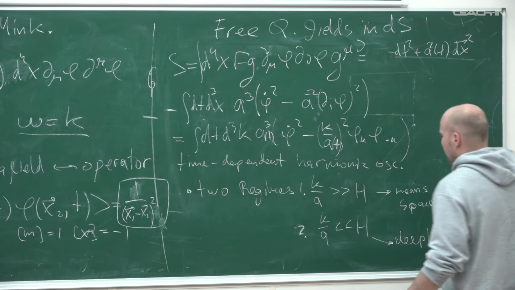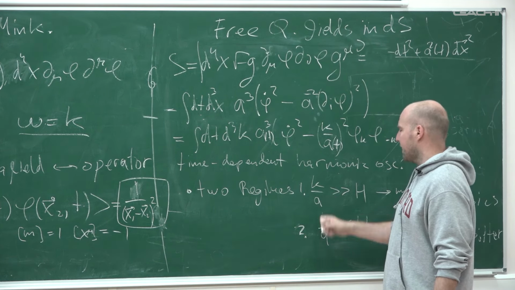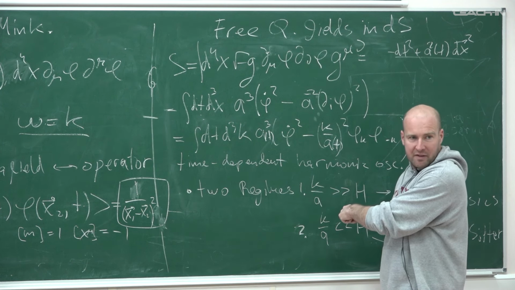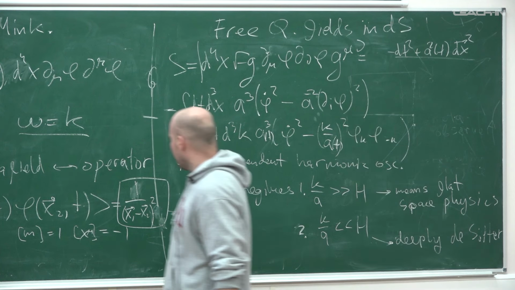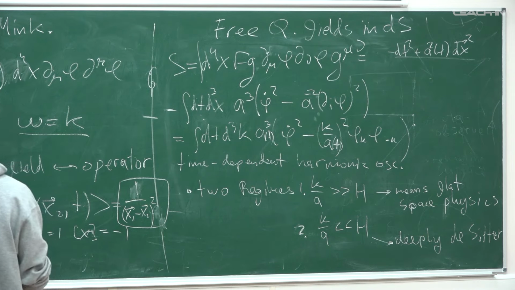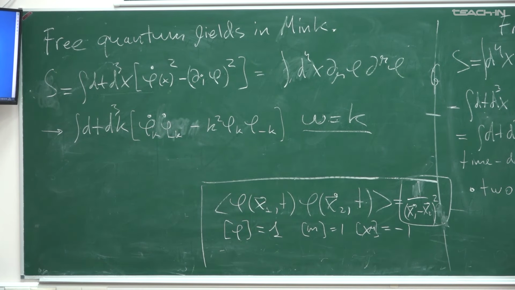Very good. So now the slightly less trivial thing is why is it k over a? Why, for example, is it not just k that I compare to H? Let's try to understand where it's coming from. Yes, you're right, maybe the easiest way to talk about it is from the equation of motion.